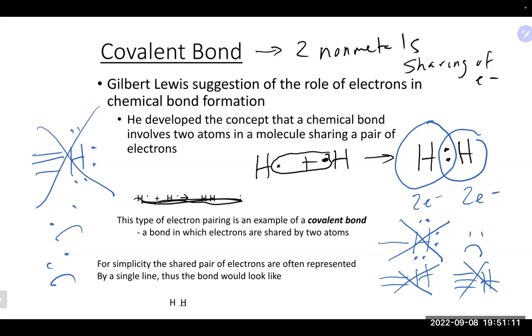We could show the bonding here as obviously the dots like we see here. We also could obviously use a line to represent those electrons being shared. So one line represents 2 dots or a pair of electrons that are being shared. That's basically a single bond, right? When we share one pair of electrons.